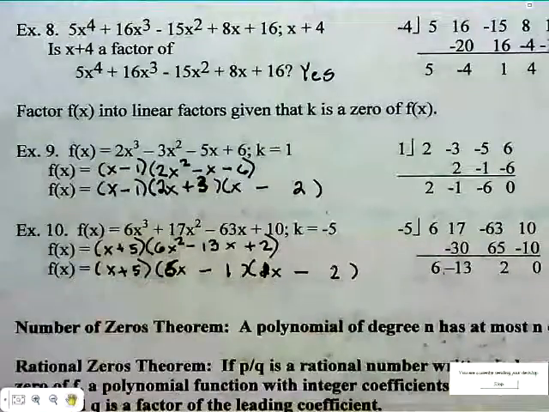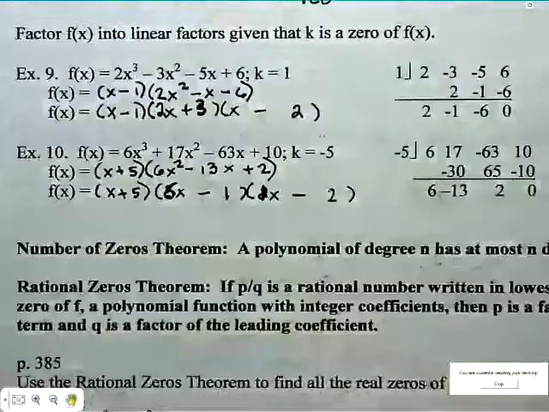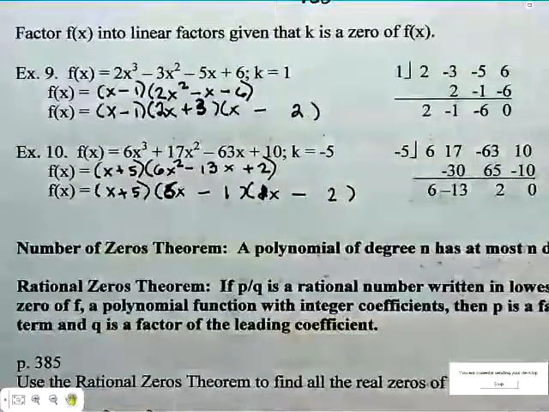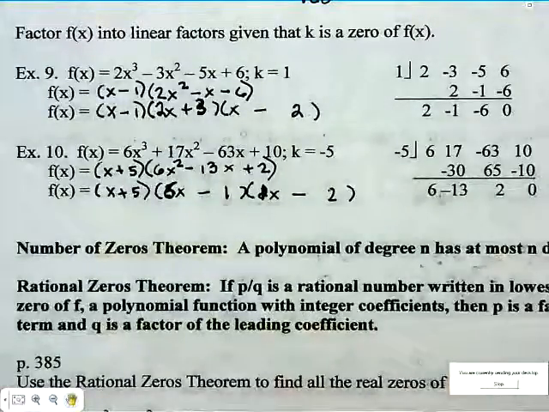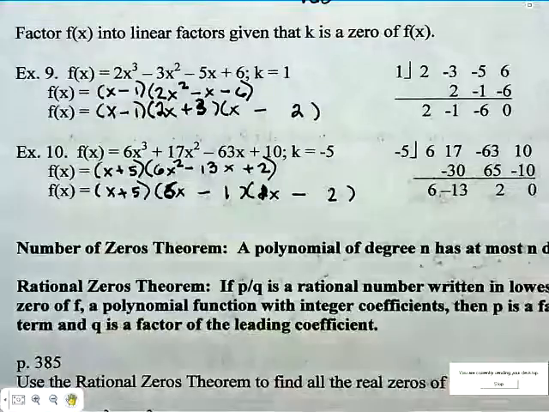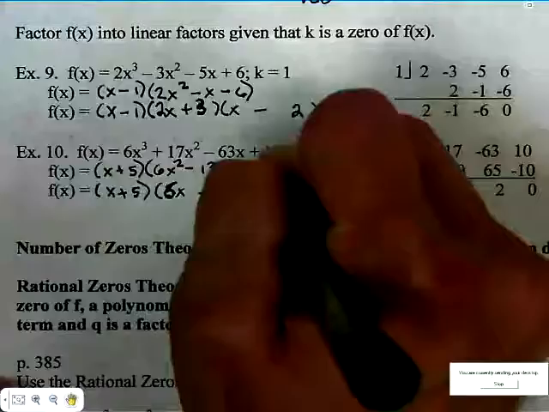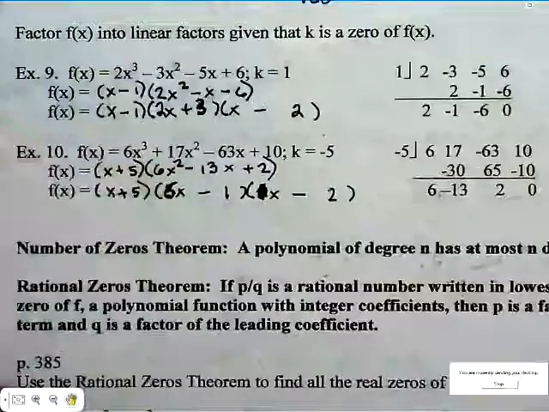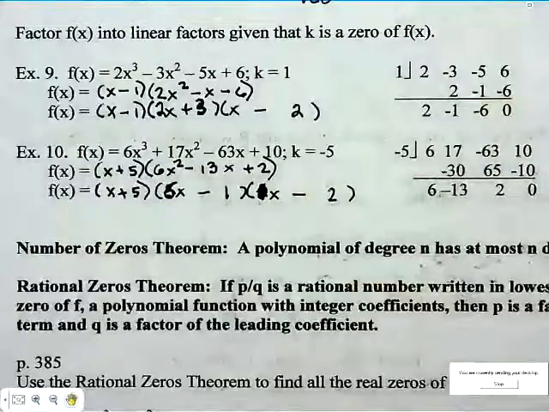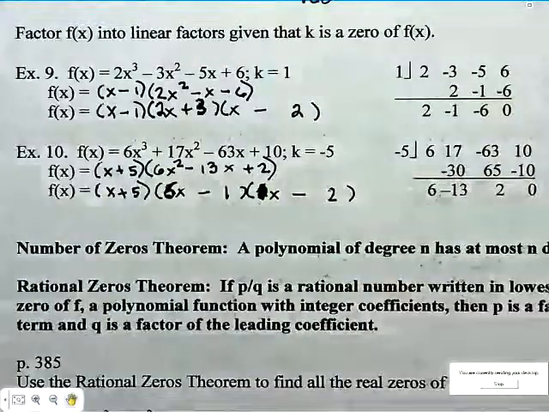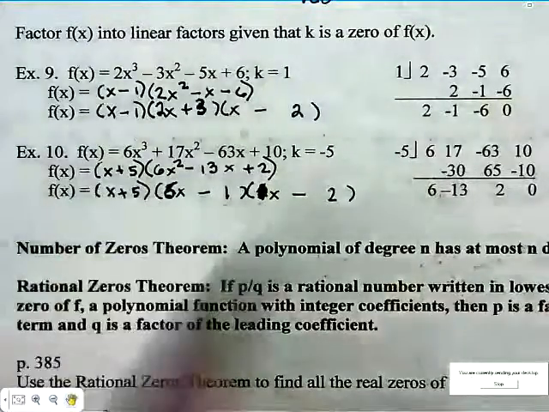There we go. That last factor is 1x minus 2 or just x minus 2. I used trial and error because I knew I could. If you had to do it by grouping, it would take you 2 more lines, but you'd end up with the same thing. And I've done exactly what the directions said to do. I have factored that into 3 linear factors.